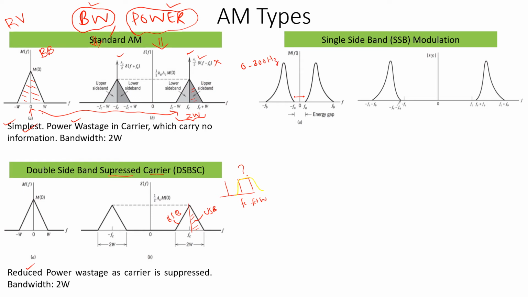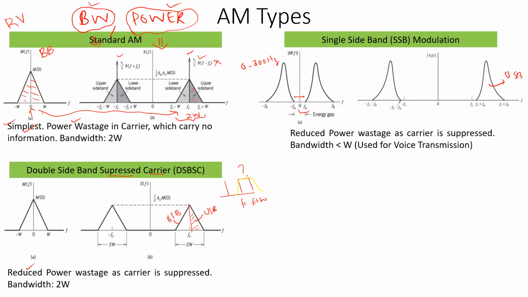So in that case, we can use a practical filter to obtain only the upper sideband or lower sideband. In this case, I have shown only the upper sideband, only one sideband. Instead of this, we can transmit only the lower sideband. This is possible because our information has an energy gap around DC.